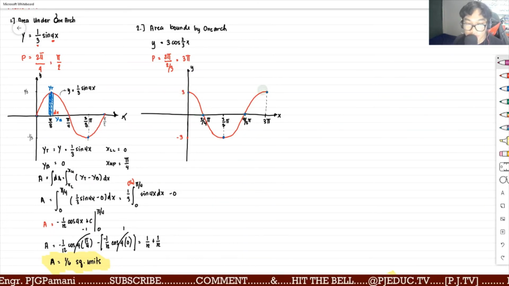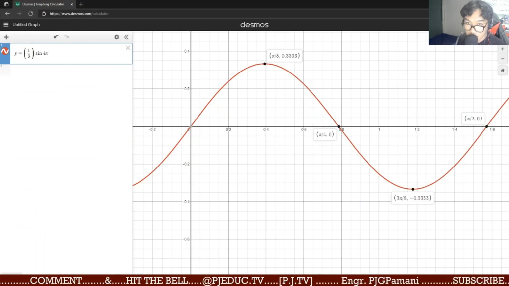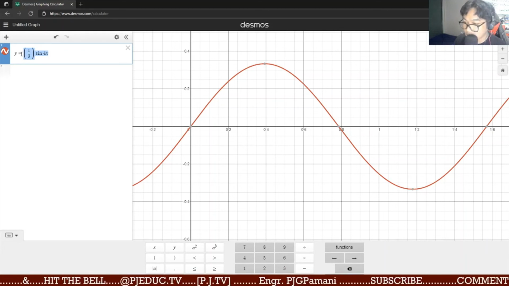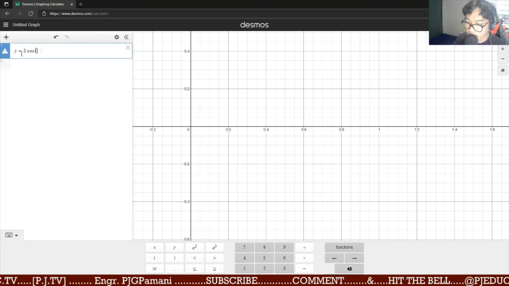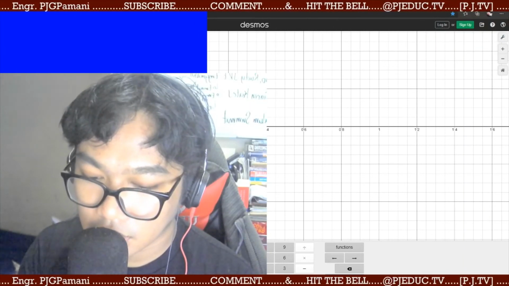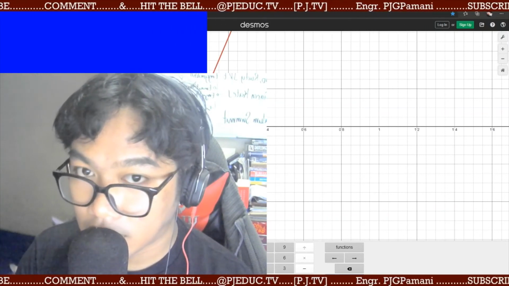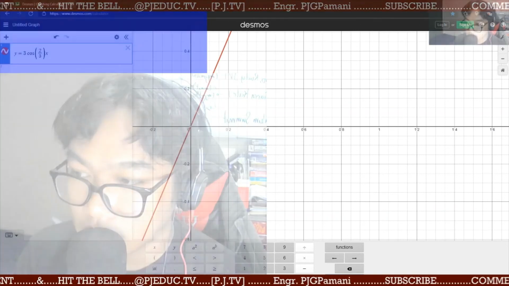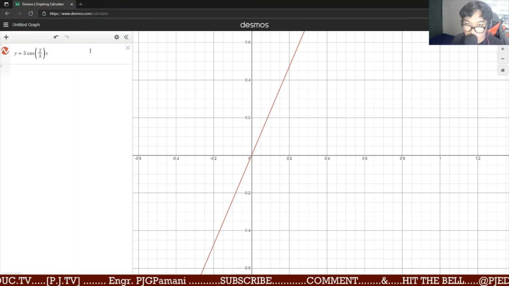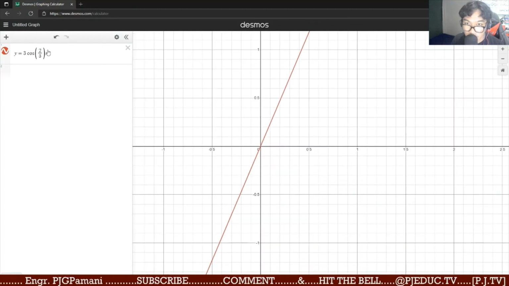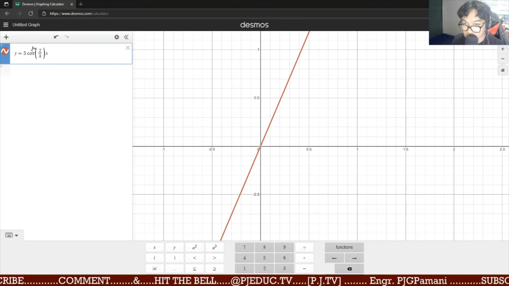Check natin dun sa ating pattern. That is equal to 3 cosine 2/3 of x.